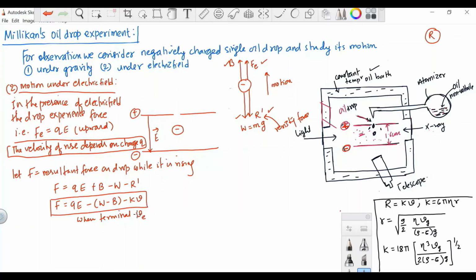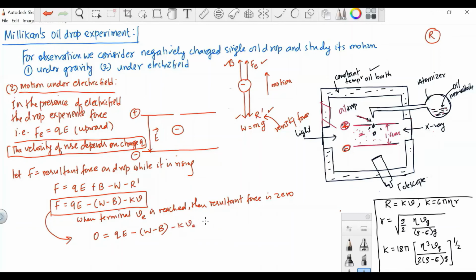When terminal velocity VE is reached, the resultant force is 0. So this equation becomes 0 equals QE minus W plus B minus K times VE.